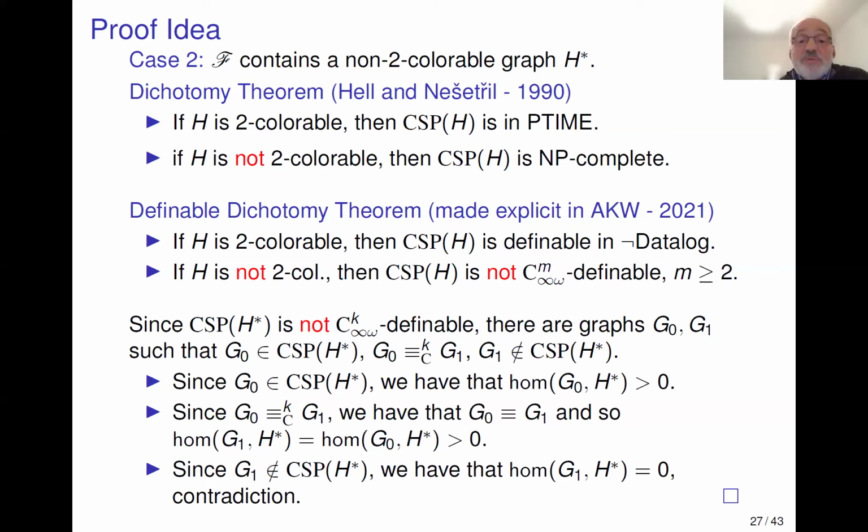Therefore, they have the same homomorphism count. But that's a contradiction because G1 is not in CSP of H star, so the homomorphism count is 0. So you get the contradiction in a straightforward way once you have obtained the definable dichotomy theorem. That's all I wanted to say, just to give you a sense of the techniques involved to prove this result.